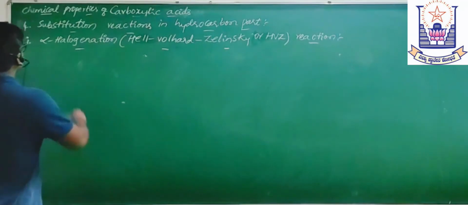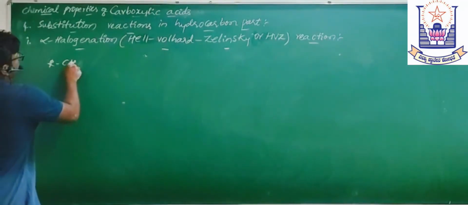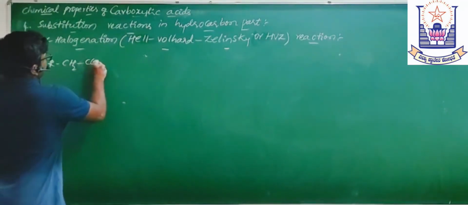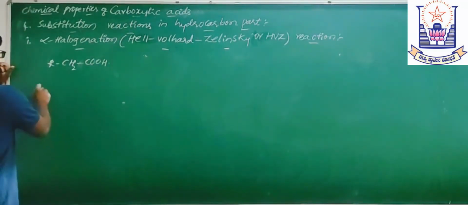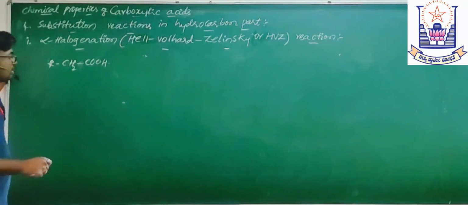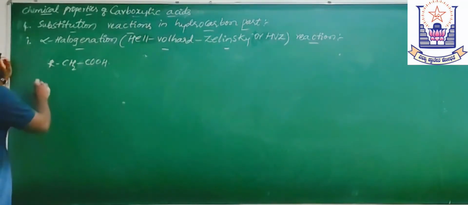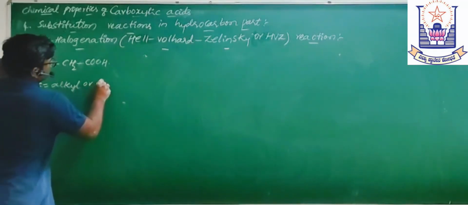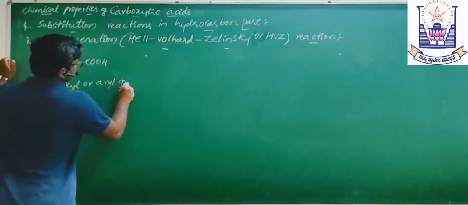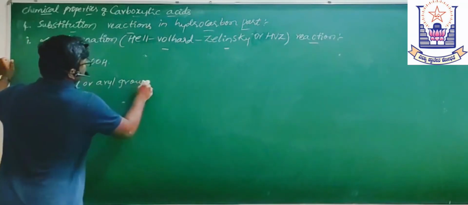Take the carboxylic acid, having the alpha hydrogen, where R is equal to alkyl or aryl.